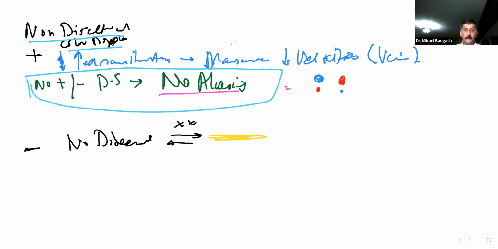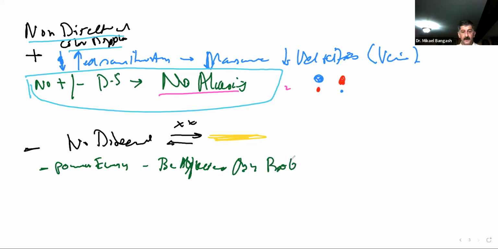And mainly this is because it records power or energy and shows that as a recording. That's why it may be affected by body movements.